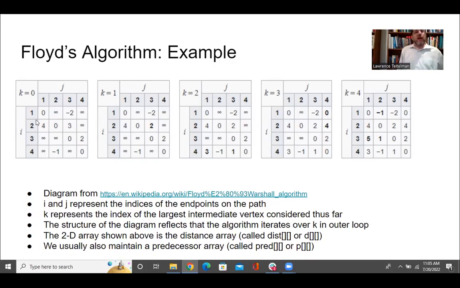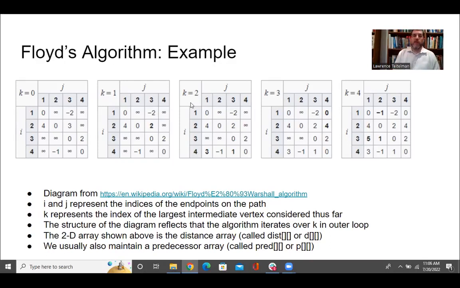So it means just if I take a plain edge, not an elaborate path, a plain edge. Then I say, well, what happens if I can introduce one intermediate vertex, number 1? Does that change anything? Then, what happens if I introduce an intermediate vertex number 2?